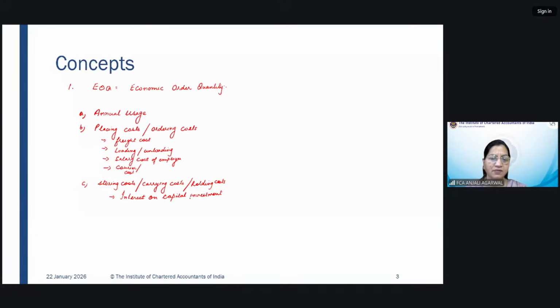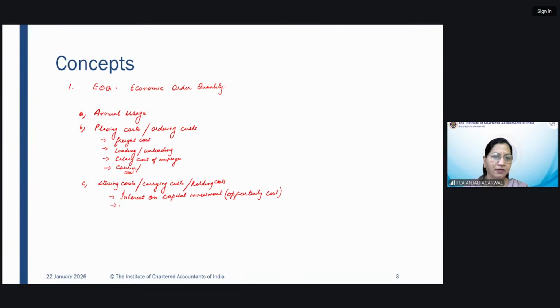If your raw material is very costly and you keep a lot of units with you, then the interest cost on that capital is one of the storage or carrying costs. This is technically an opportunity cost. The same money could have been kept in a bank or somewhere else where it could have generated some returns, but you have blocked it in the form of material. Therefore, you're losing interest on that.